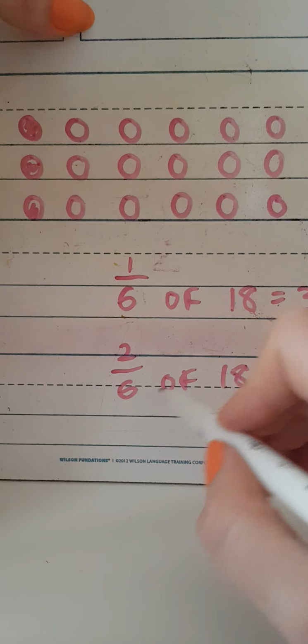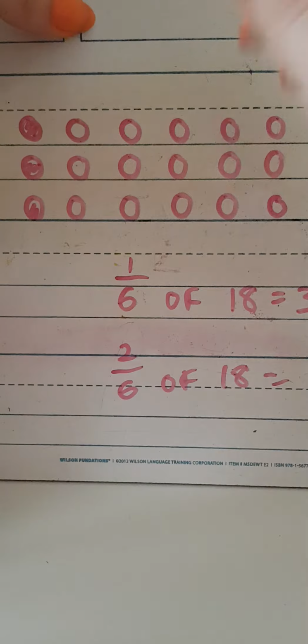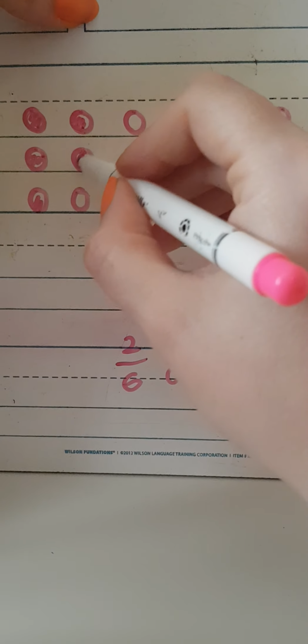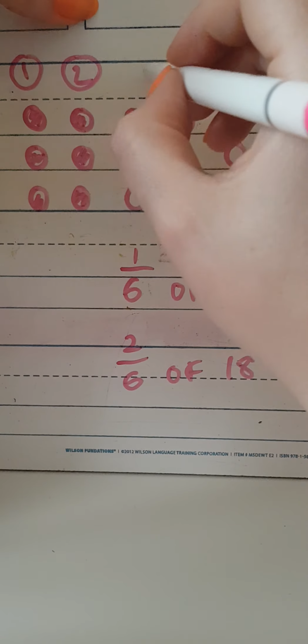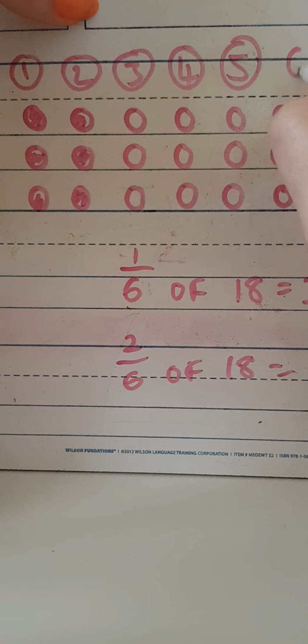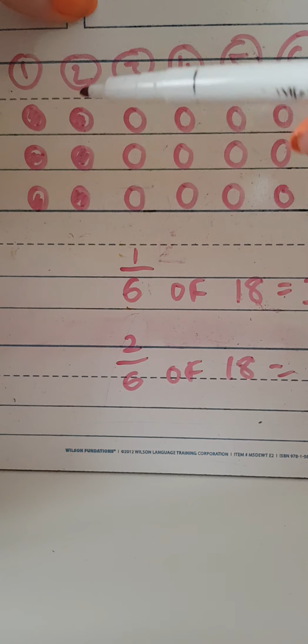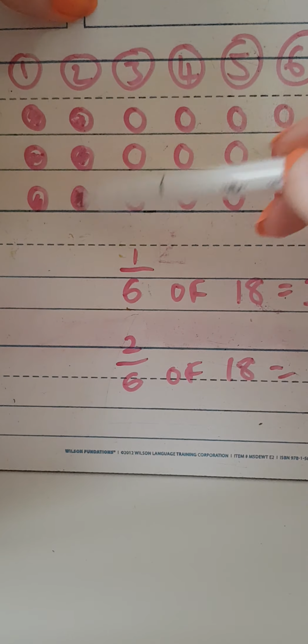So 2/6 of 18 is, well, if this was 1/6, I'm going to colour in these ones as well. So if you want, you can put it up the top. That's one person, that's 2 people, 3, 4, 5, 6. So 2/6 of 18 is 1, 2, 3, 4, 5, 6.